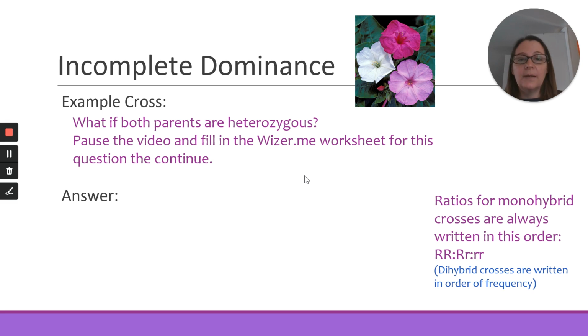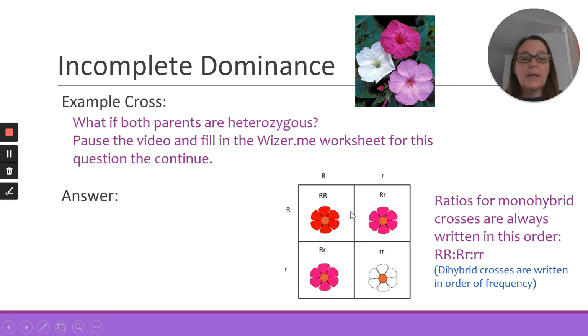All right, welcome back. Here's the Punnett square for this. We have the two heterozygous parents at the top. When we fill those in, we see that 25% are homozygous dominant, 25% are homozygous recessive, and then 50% are heterozygous.